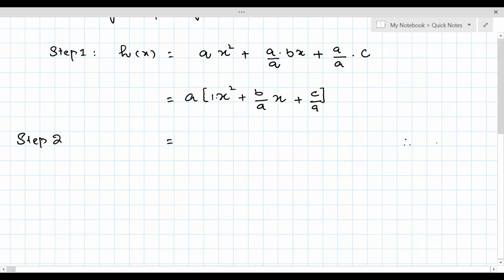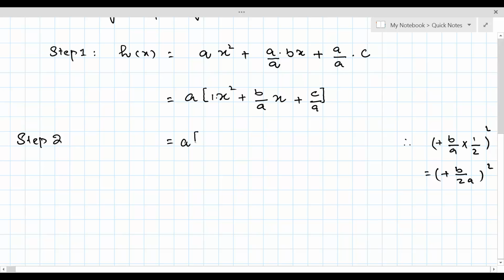Coefficient of x is plus b over a, and we multiply it with 1 by 2 and then take the whole square. We add and subtract it. So this in fact will become plus b over 2a whole square. This is what we will add as well as subtract.